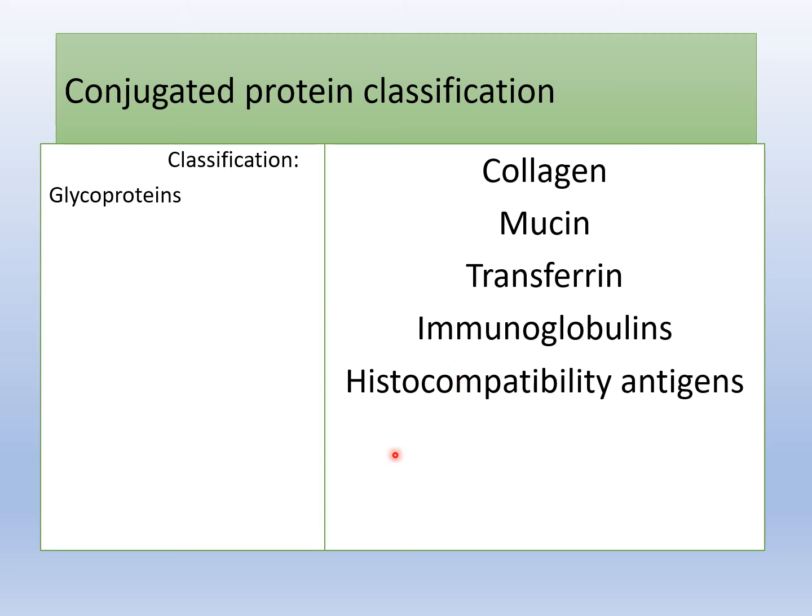We have histocompatibility antigens. Your histocompatibility antigens are actually receptors on the cell surface of donated organs that are known to give that immunological response in some organ transplants.